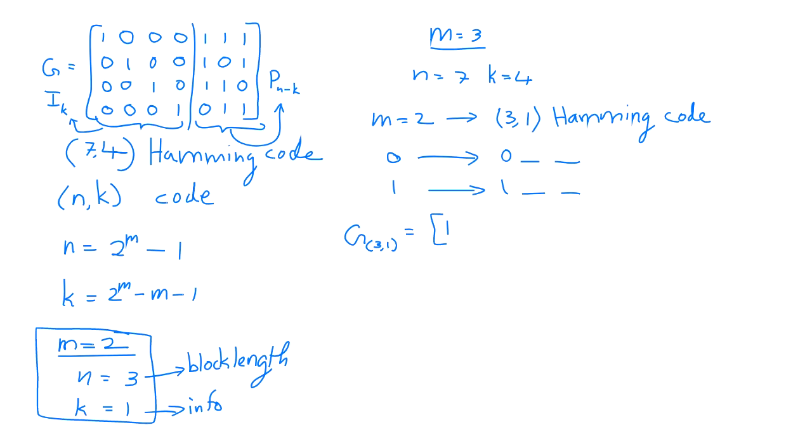So the first part of the generator matrix for the 3-1 Hamming code is the 1 by 1 identity matrix, I1. And then we need to have n minus k columns of the parity matrix. So n minus k in this case is 3 minus 1, that is 2 columns. So we need to add 2 columns here.